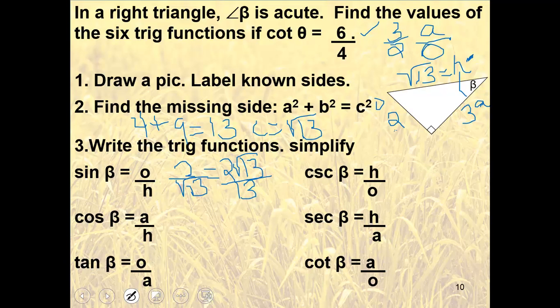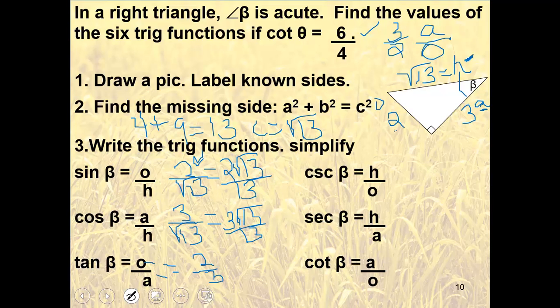The cosine of beta is the adjacent side over the hypotenuse, so I get 3 over the square root of 13, which gives me 3 square roots of 13 over 13. And my tangent is opposite over adjacent, so I get 2/3.